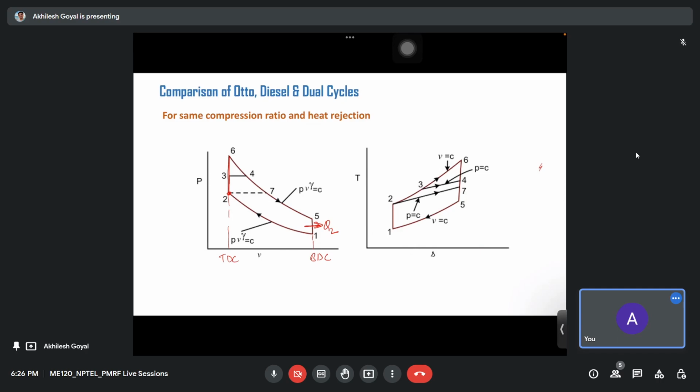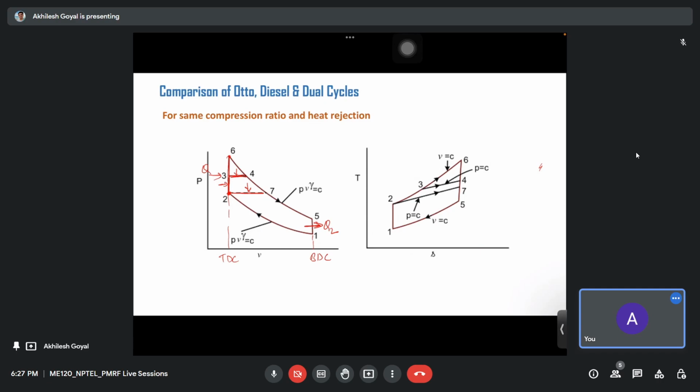For the diesel cycle you add heat from point 2 to 7. In the Otto cycle you add heat from 2 to 6. And for the dual cycle you add heat from 2 to 3 and 3 to 4. Now let's see the TS diagram here.